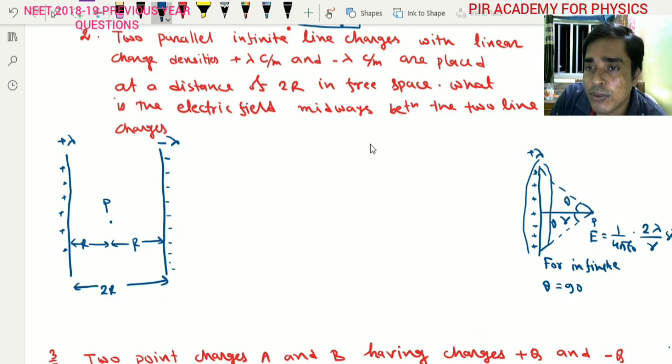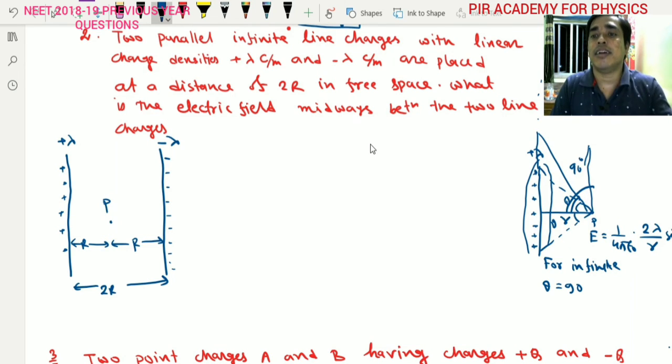How? If you increase this point, then you see that the theta will be increased. When this will be infinite, then the angle will be 90 degrees. So for an infinite line charge, the theta will be 90 degrees.